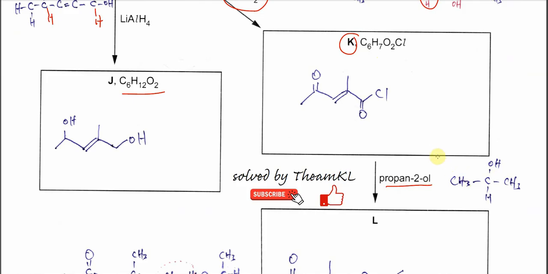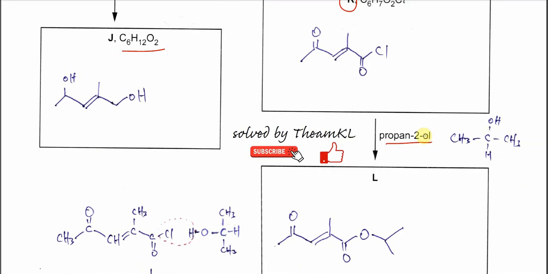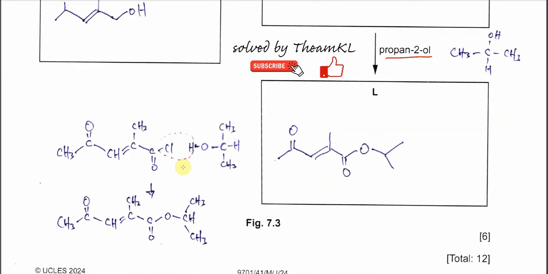It will undergo condensation and form the ester. So this is compound K, and this is propan-2-ol. The Cl in the acyl chloride will combine with the hydrogen in the alcohol and form HCl, which is removed, and a new bond forms between the C and O here. So it will form the ester. Okay, eventually it will form this compound, right?